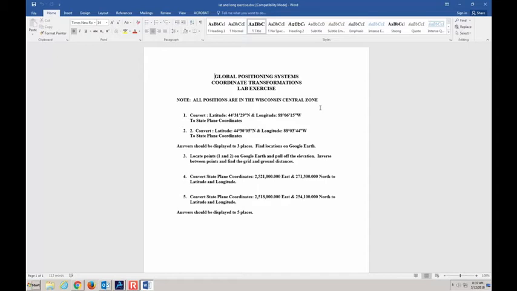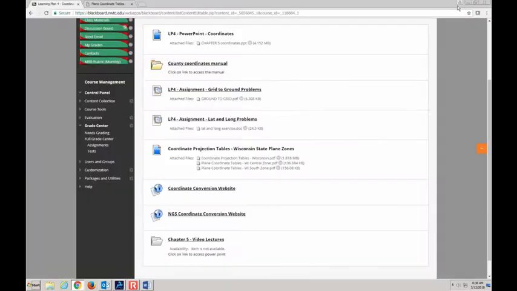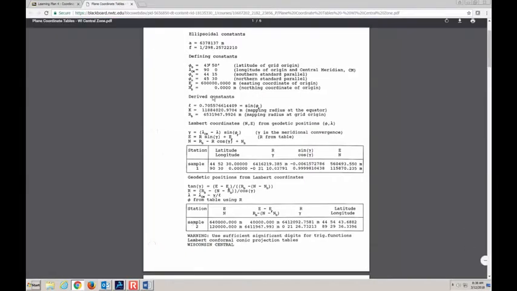The first one we're going to work on is latitude and longitude to the grid coordinate, the state plane coordinate. I'm not going to do one of these example problems. The example problem I'm going to do is off of the state plane coordinate tables.